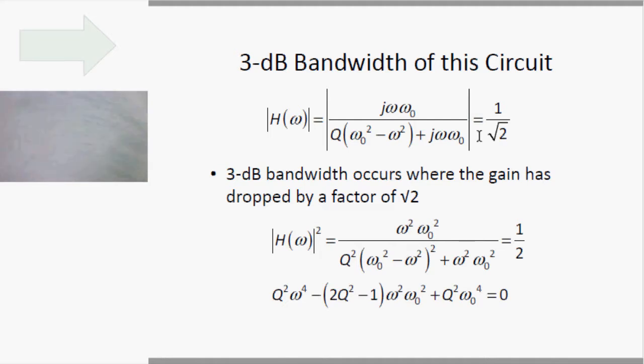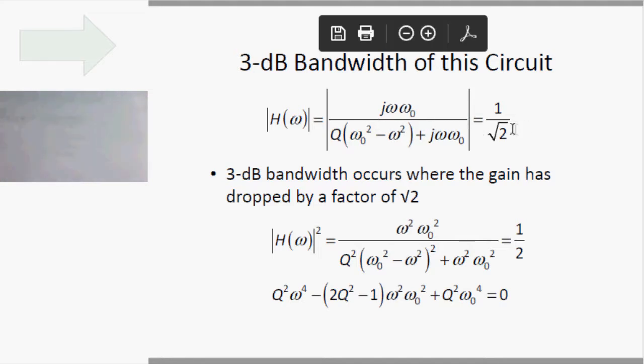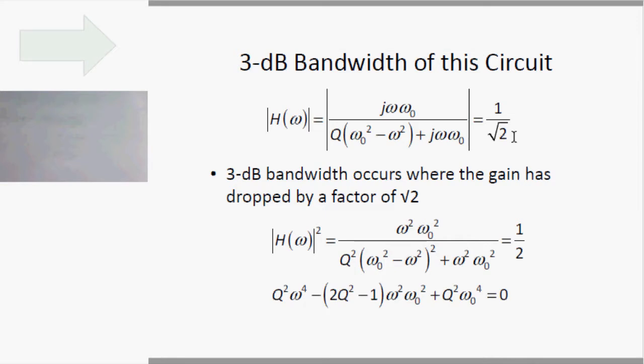Well, that does require a bit more tortuous maths. Here we're looking at the magnitude of the frequency response equals 1 over root 2, because that is where the 3 dB points will happen, when the voltage gain has dropped by 1 over root 2. There's a bit of a shortcut that we can use from this point here.